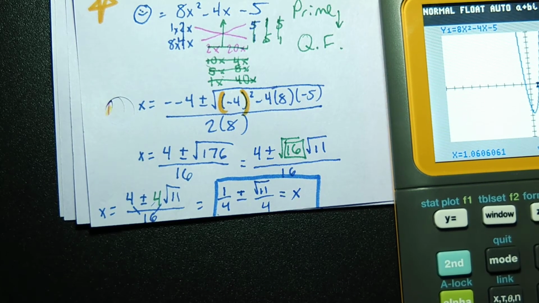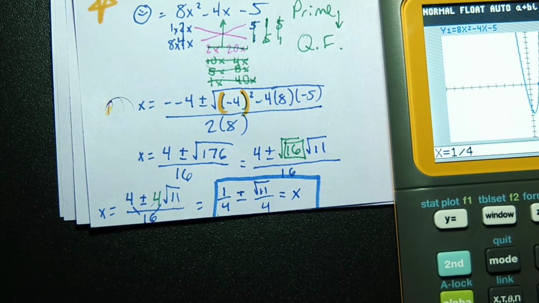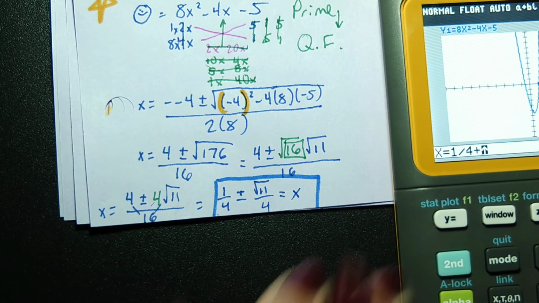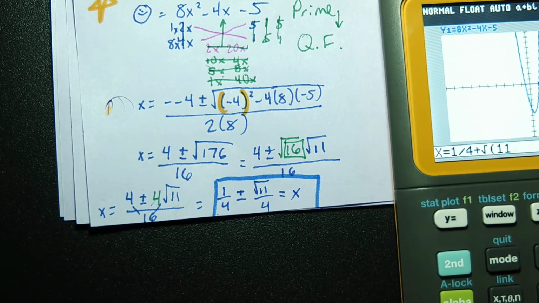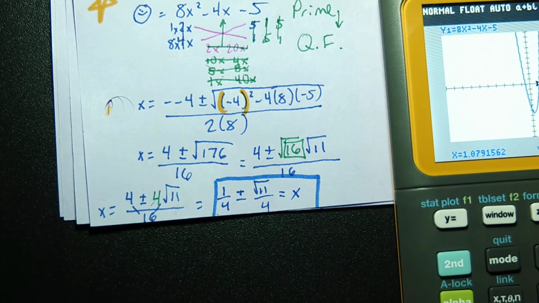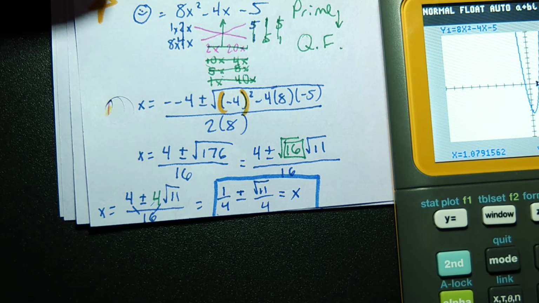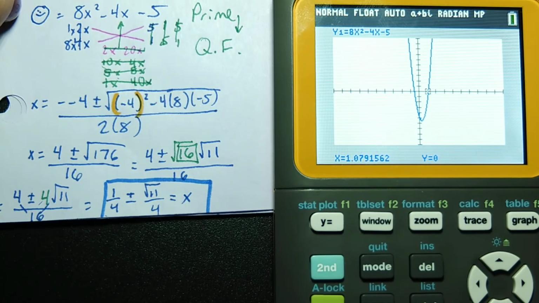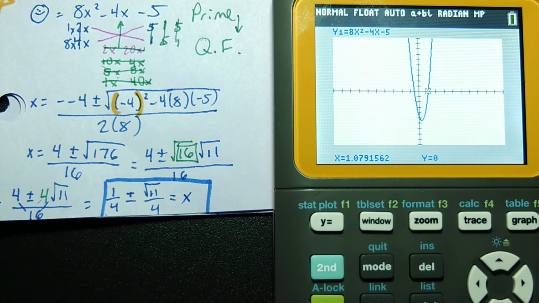Now, using the trace button, I can type in 1 divided by 4 plus the square root of 11 over 4. And what should I get for the output? 0, exactly. So you can check your rational roots and your irrational roots using your calculator to verify that they do give you an x-intercept of 0.